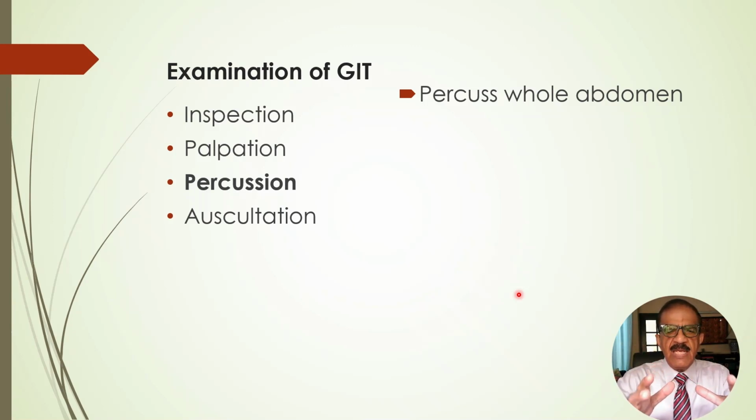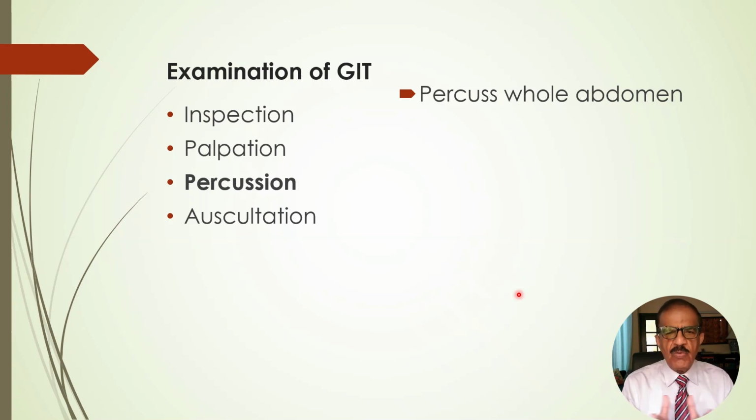With this, the area under the finger would produce certain vibrations, and those vibrations are converted to sound. The sound quality and the pitch of that sound can tell you what is the nature of the organ underneath.